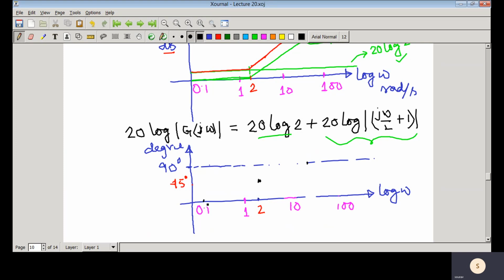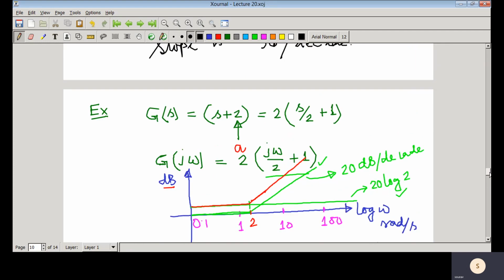Then this is the slope, and this is the asymptotic phase plot, and here you should write that it is 45 degree per decade. So in this particular example, whenever we have a factor s plus 2, this is the asymptotic Bode plot.